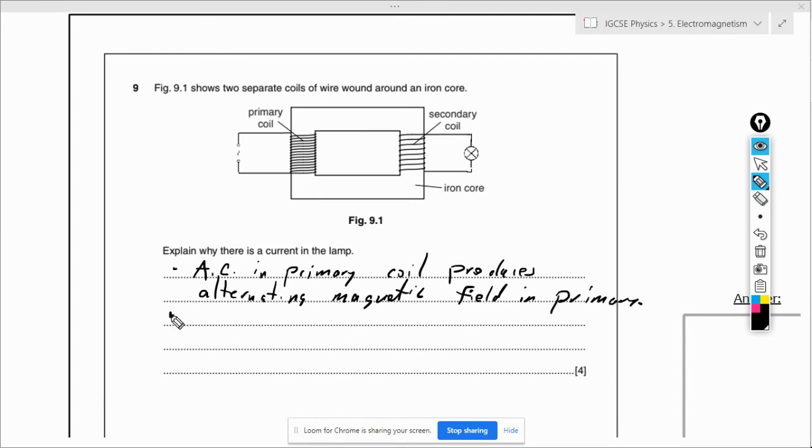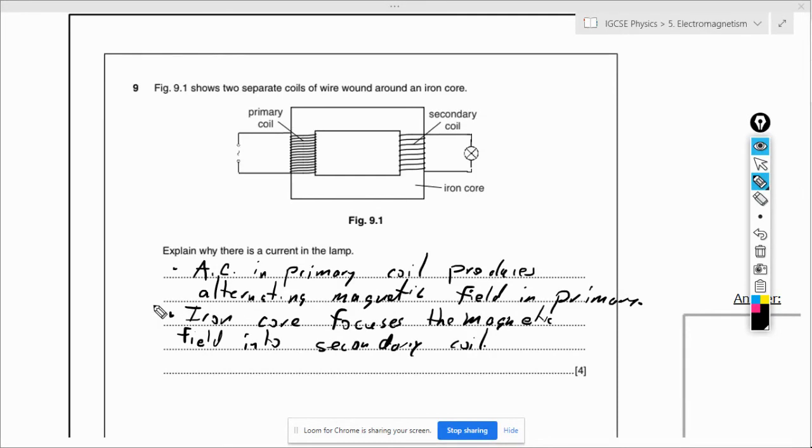And then you'd say something about the iron core. That iron core focuses the magnetic field into the secondary coil. So that's point 2.